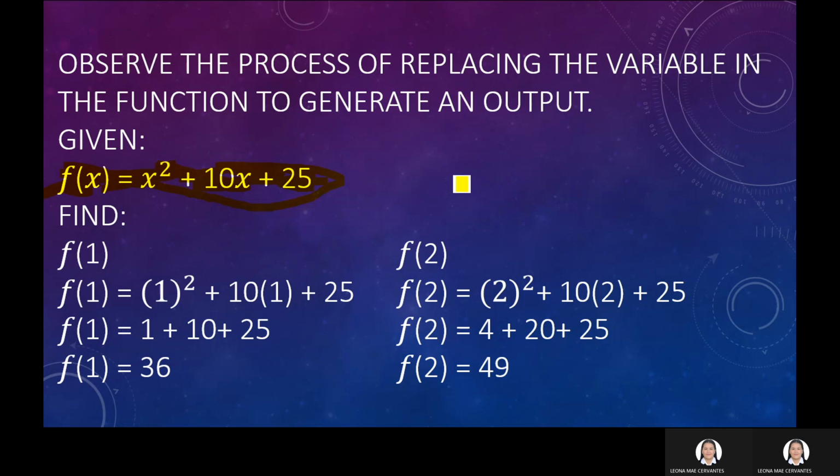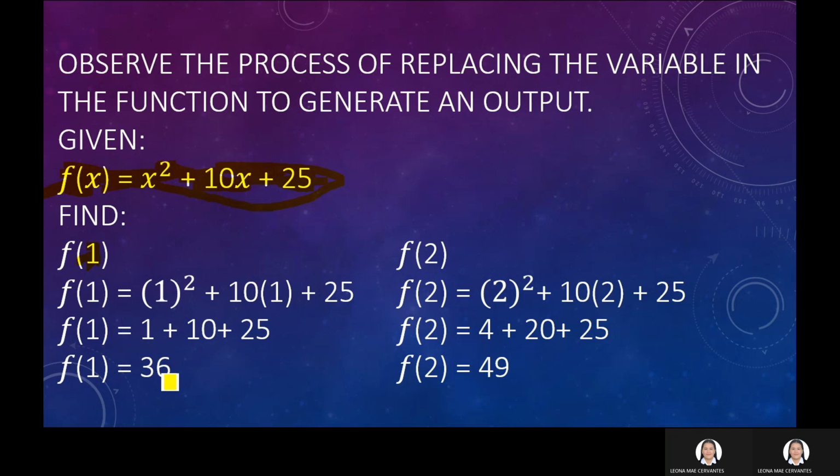So if x is equal to 1, f of 1 is equal to 1 squared plus 10 times 1 plus 25. 1 squared is equal to 1. 10 times 1 is equal to 10, plus 25.